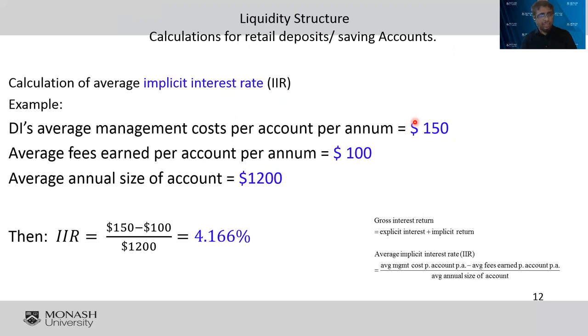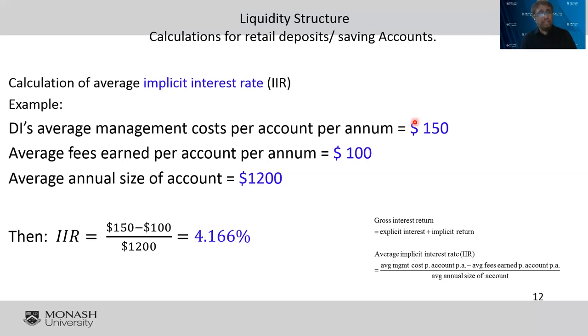When they send us, either online or hard copy, our account statements, that is also another cost. People who manage it and do it for us is also cost to the bank. So this cost, we don't see it, but it's cost to the bank when they hold the account overall.